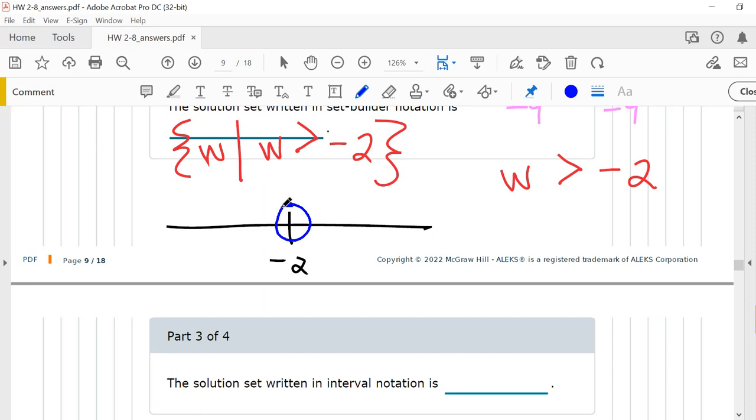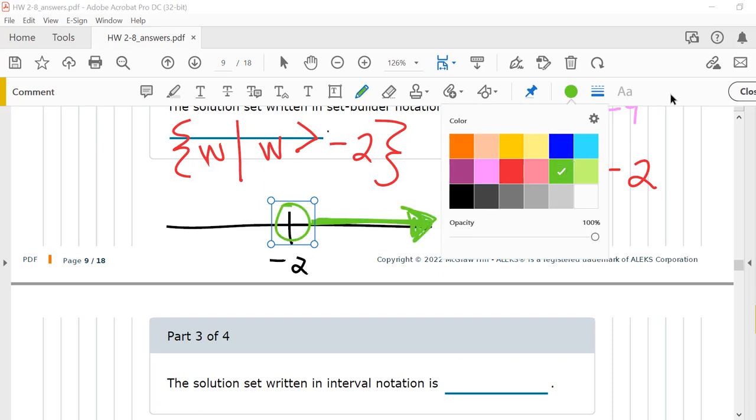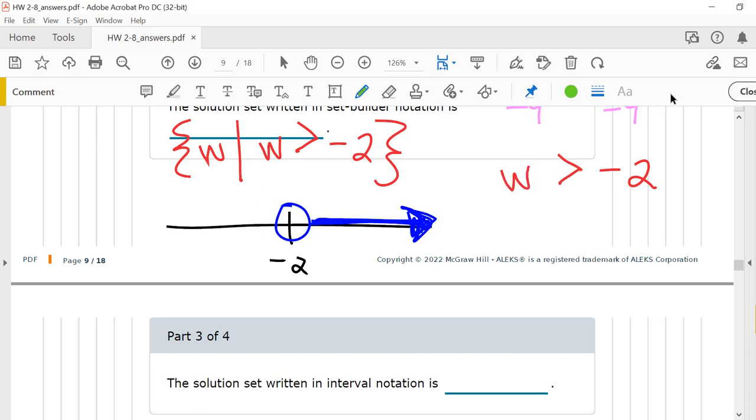So it's going to be open circle and to the right. If I wanted to do the interval notation for that, I would start here at -2, and I would go all the way out to infinity. Open circle greater than means parenthesis, and infinity always has parentheses.